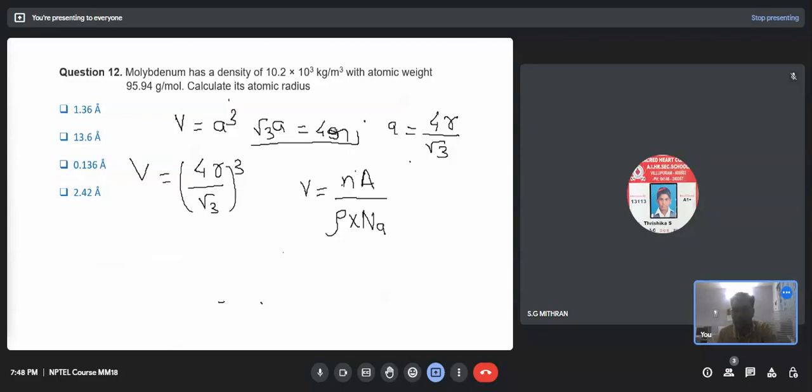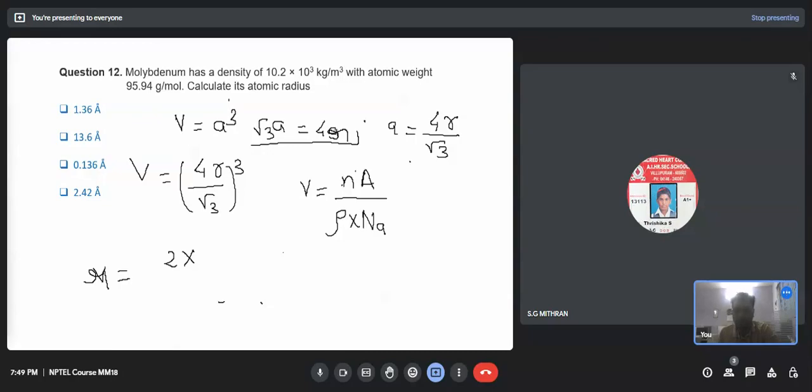First I will convert this in terms of R. So what we'll get in the end?